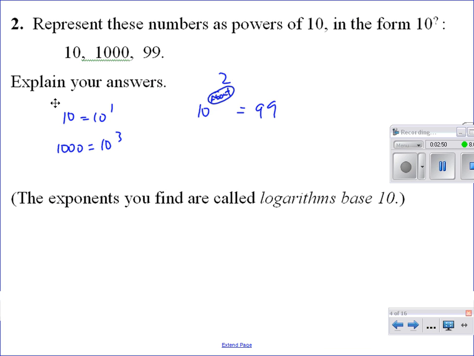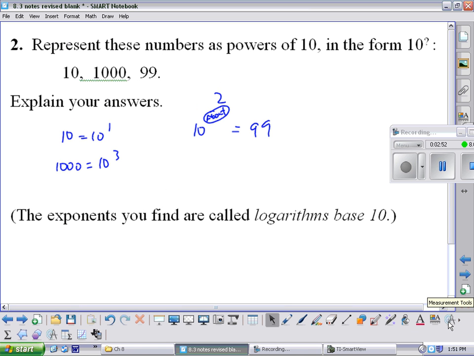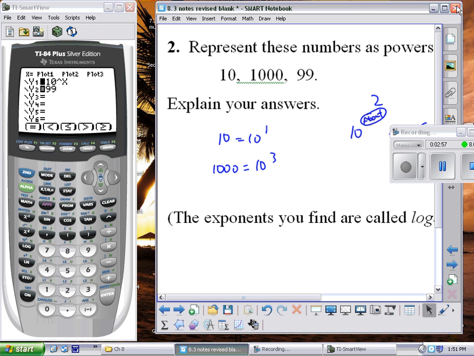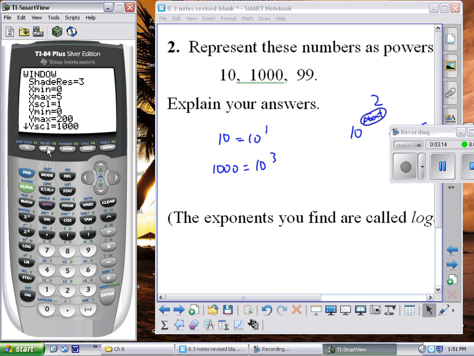Now, if I want to get specific, I can grab my calculator at this point, right? We all know how to do that, where we can go ahead and say, okay, 10 to the x goes on line 1, 99 goes on line 2, and then I think about my window. I know x has got to be a little bit more than 2, and y has got to be, well, 99 is where I'm looking, so I'm going to make it 200, and graph, and find the crossing point.